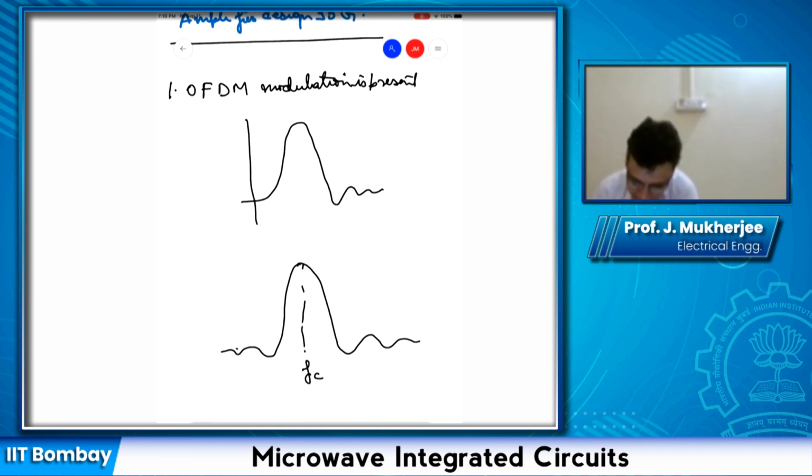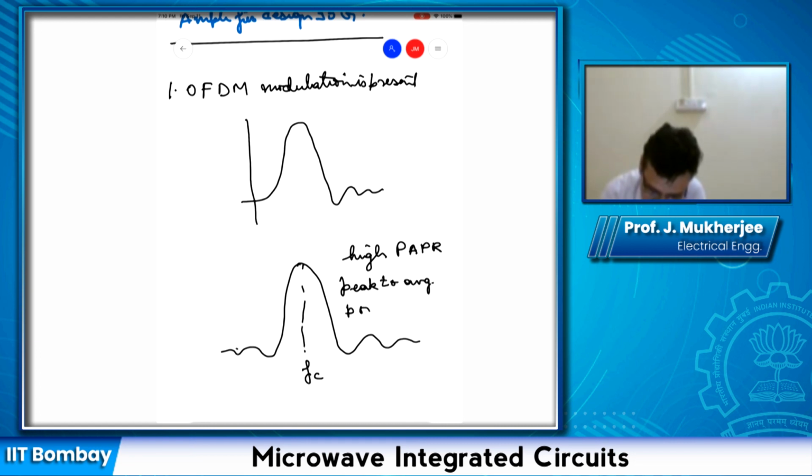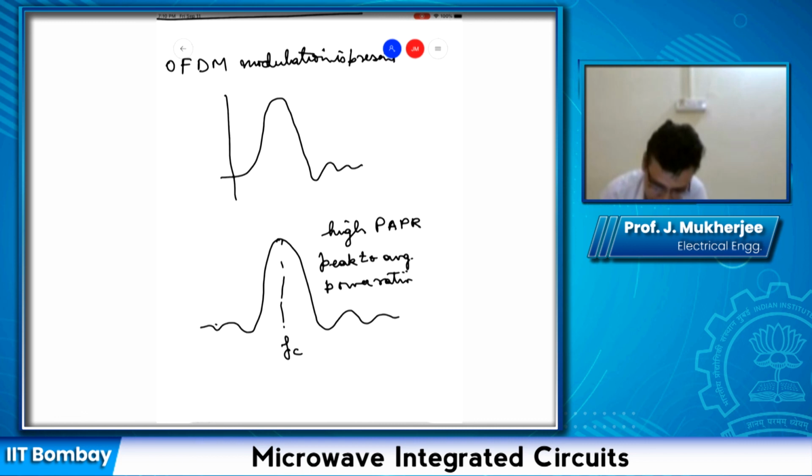okay, and the problem with OFDM modulation is what is known as high PAPR, or peak to average power ratio. Further, each of these, so this is OFDM, this is an OFDM pulse.